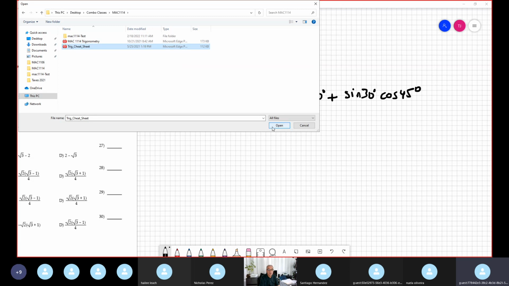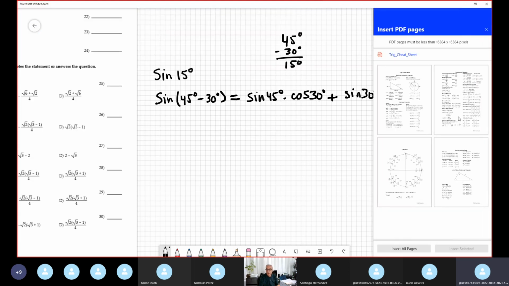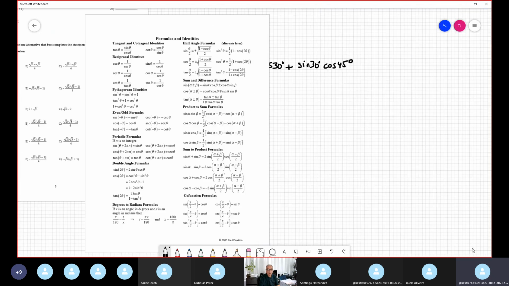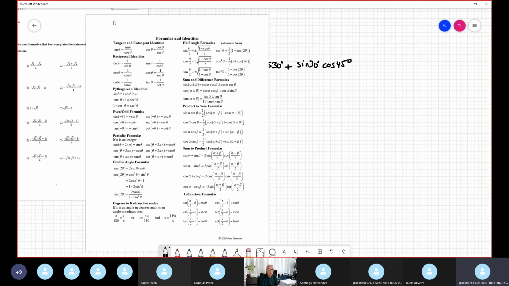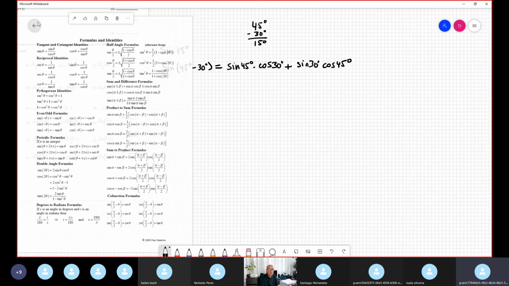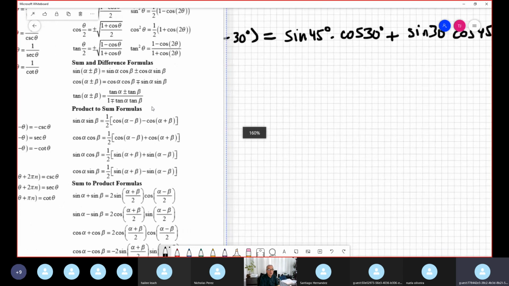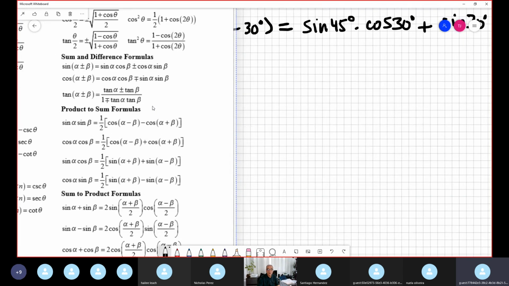Boom. Okay, the most important page is the second. Look at that. When there's minus, look, make it zoom. It's sine. When it's minus.